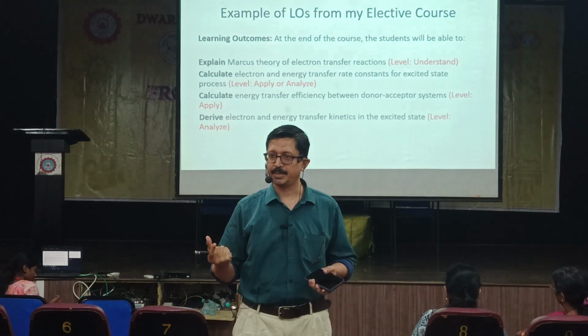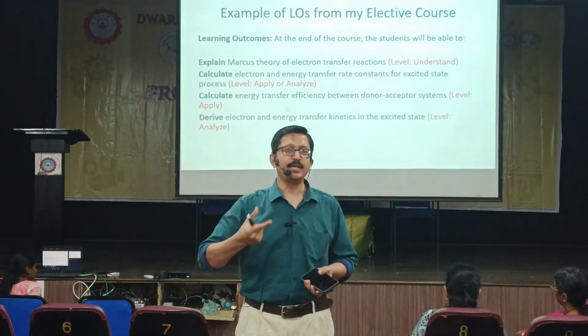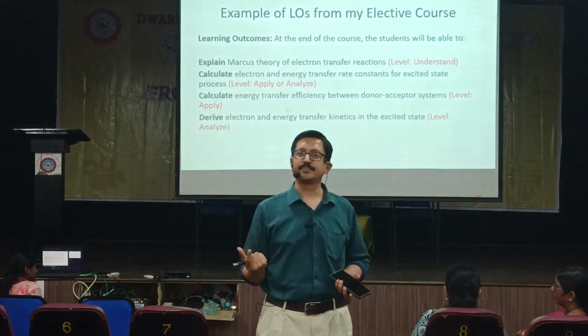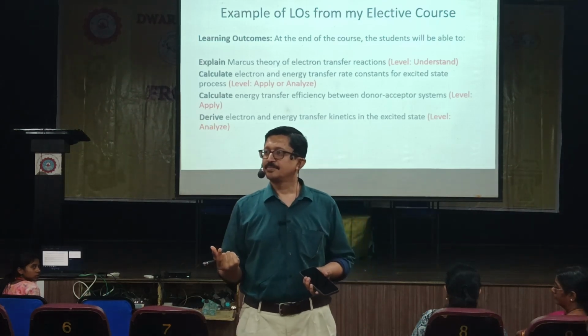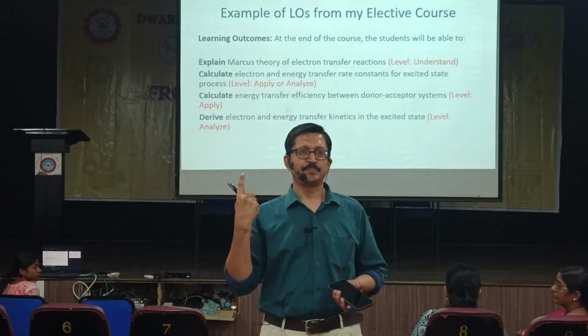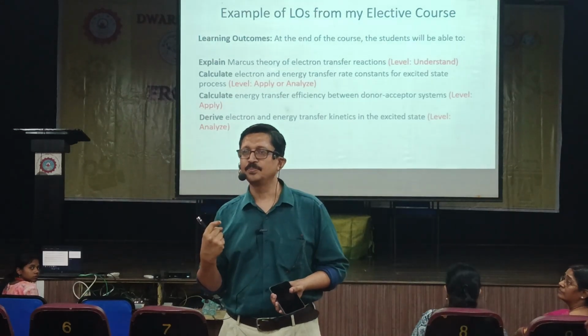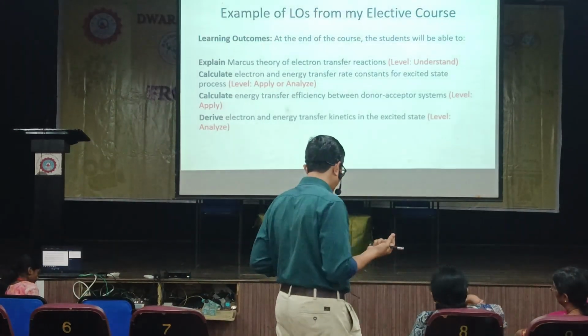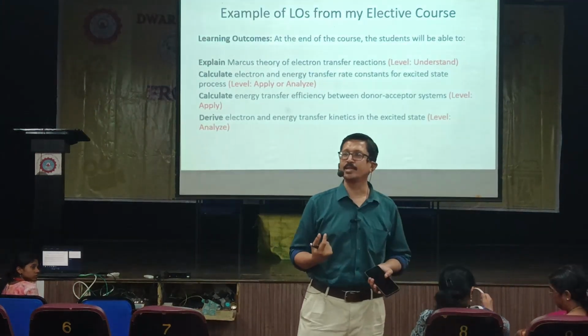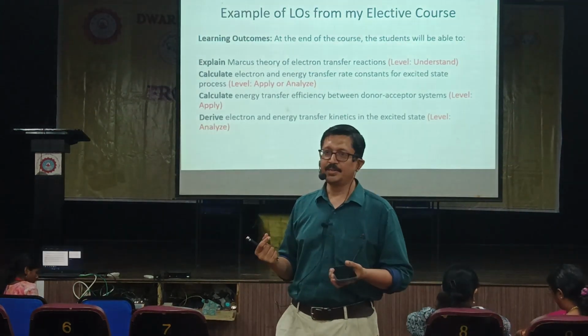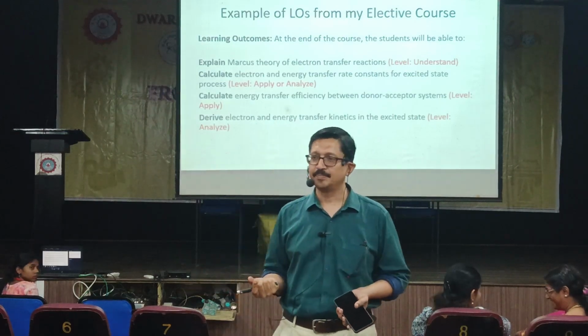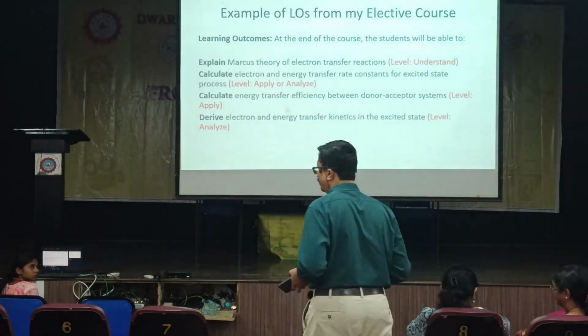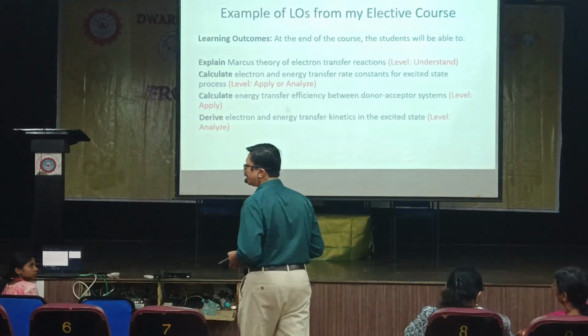They'll be calculating something, and how do people get skill? There's only one way. Skill comes through practice. There is no other way. Not by listening to somebody, not by looking at somebody, not by watching something. You will not get skill. Skill is a function of practice. The more you do, the better you become. That's all.